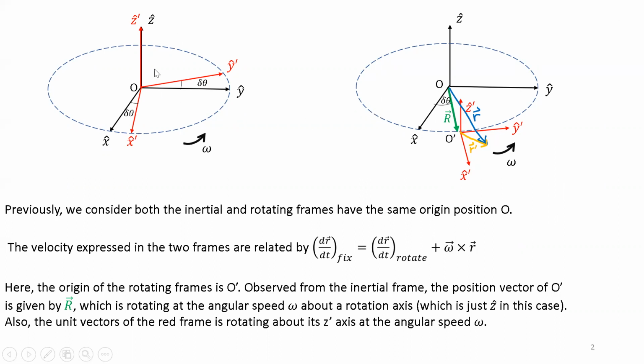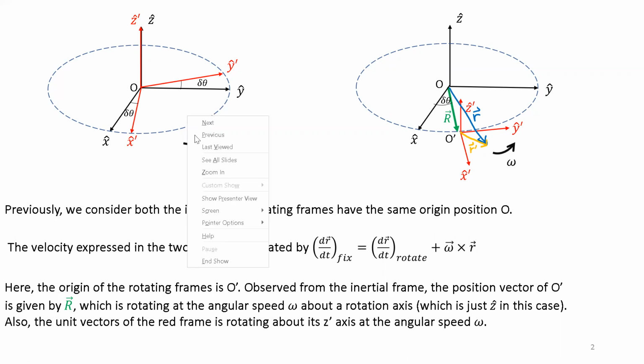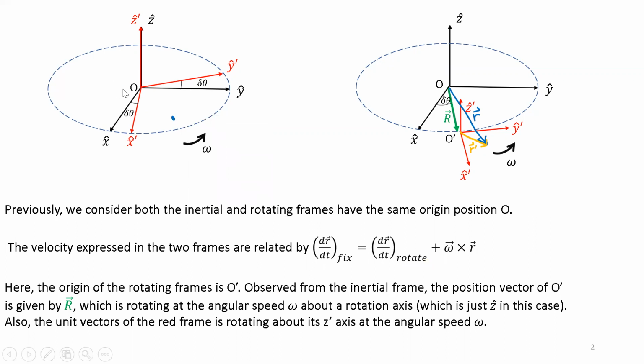Right, so that is the previous situation. The position vector for the particle would just refer to the same vector. But here it is slightly different.